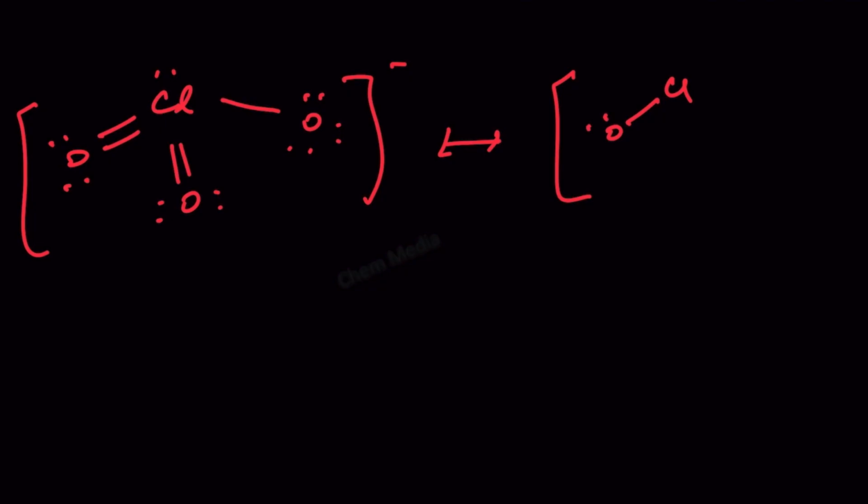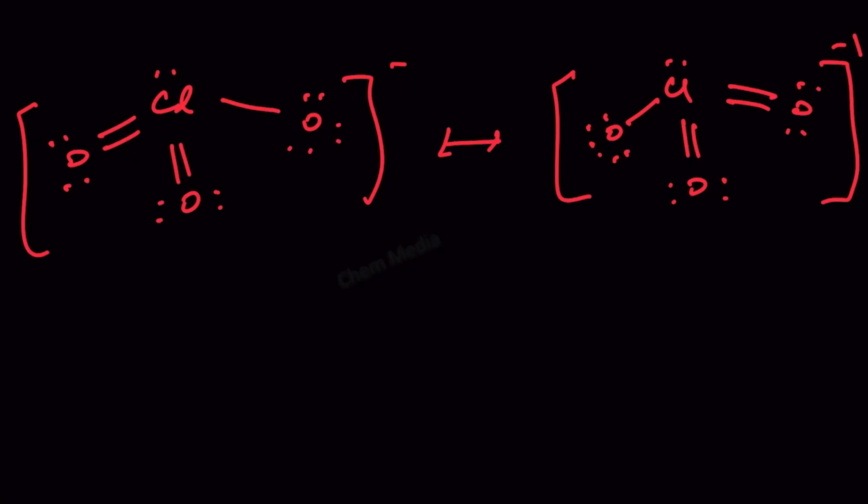So we can write like this, or we can also write like that, where chlorine on the left hand side, with the oxygen atom, is having a single bond, and then with the other 2 oxygen atoms, it is having a double bond. Because we can write resonance contributions, this is the best Lewis structure for chlorate ion.